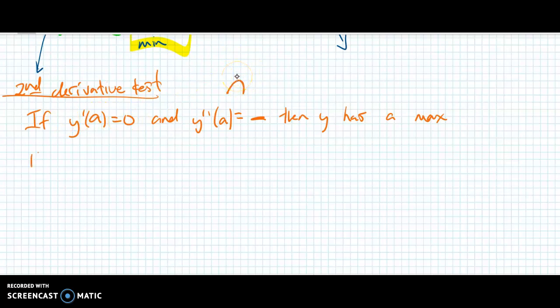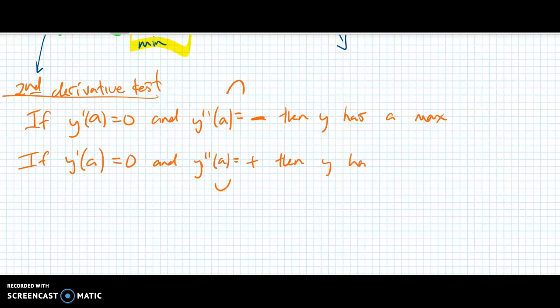And then the second half of the second derivative test is if y prime of a is 0, so the function's flat, and y double prime of a is positive, so it's flat and concave up, draw that concave up anytime you have that plus, then y has a min.